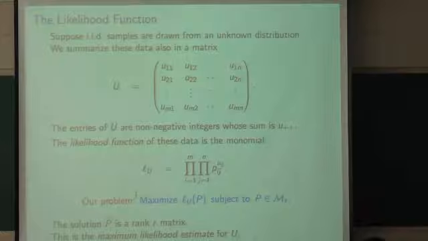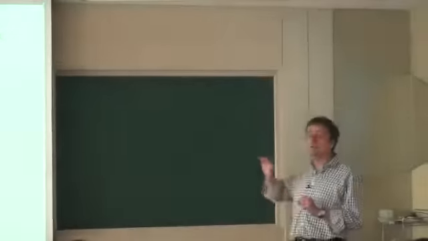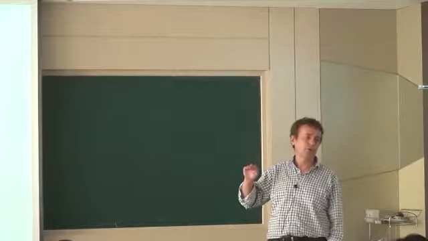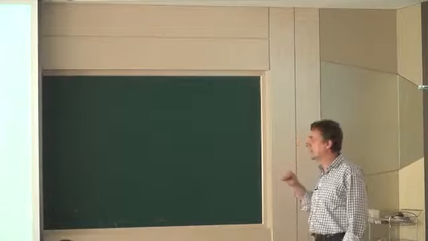Okay? Now what is this? Up to a multinomial coefficient that normalizes this, this is the likelihood of observing the table U given that we're fixing the sample size and given that we know the distribution P. So that is exactly the likelihood function.